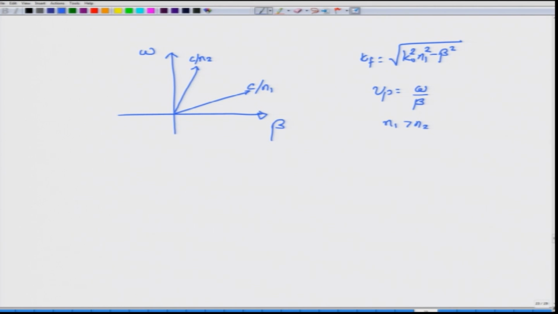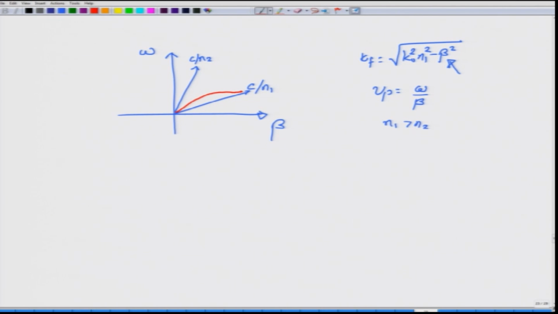This is of course if the material were made out of just a homogeneous cladding or a core separately, but what you have is a slab waveguide, which means that the value of beta will not be equal to c by n 1 or c by n 2, but will depend on the value of kappa f via this particular equation. As you start looking at the first mode, it will start at 0, but then eventually goes off to c by n 1.